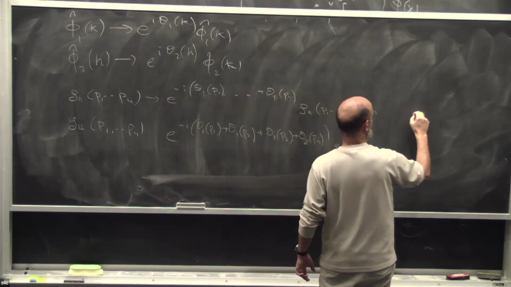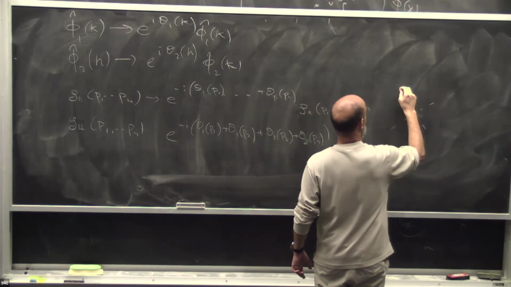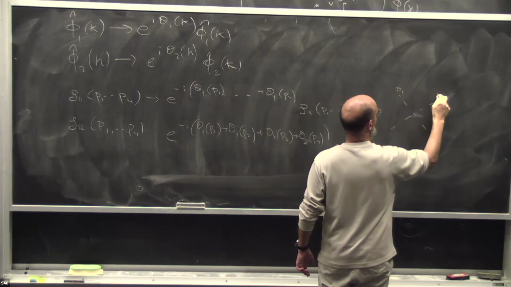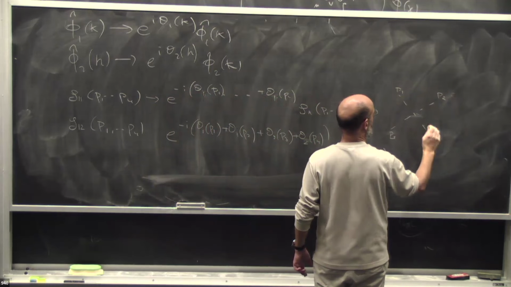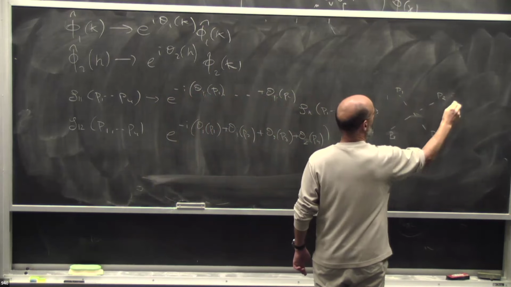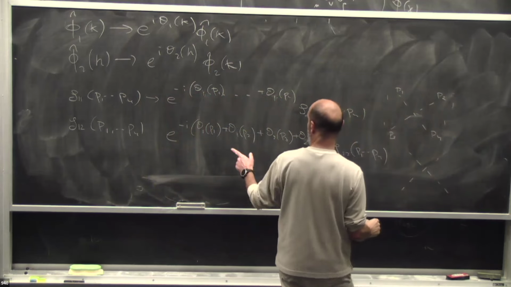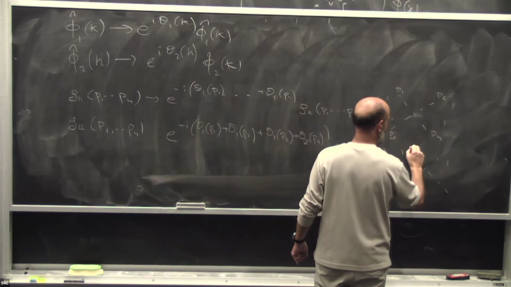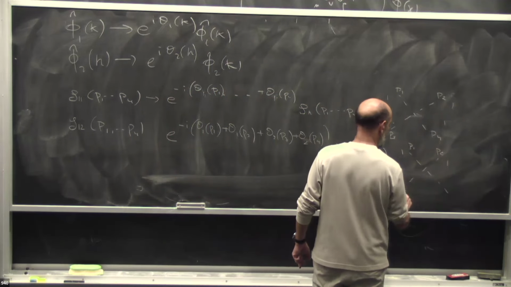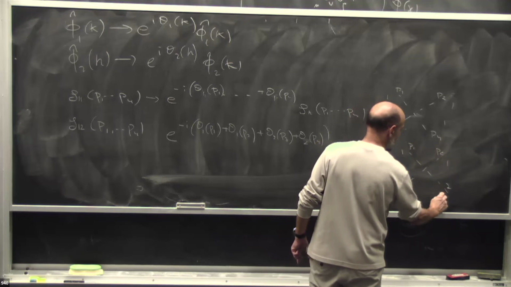The idea here is that G11 has P1, P2, P3, P4 all 1, 1, 1, 1, while this other coupling G12 has 1, 1 here, which is P1 and P2, and two legs here, which is P3 and P4.